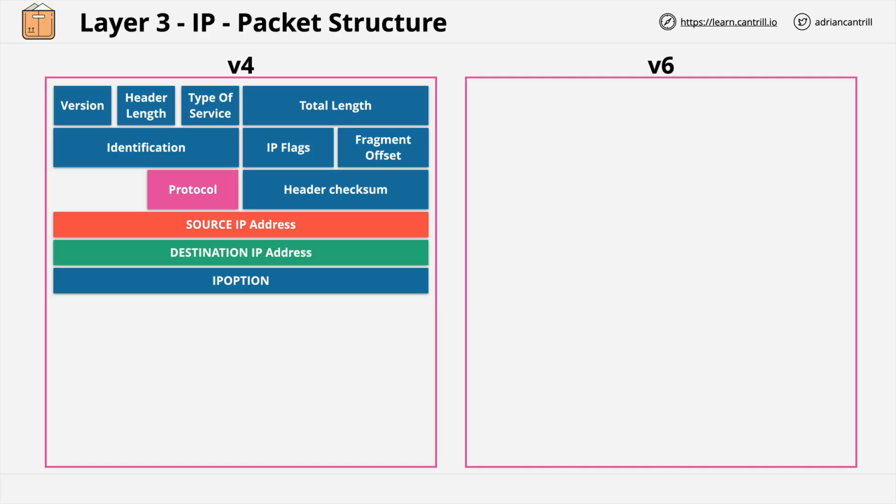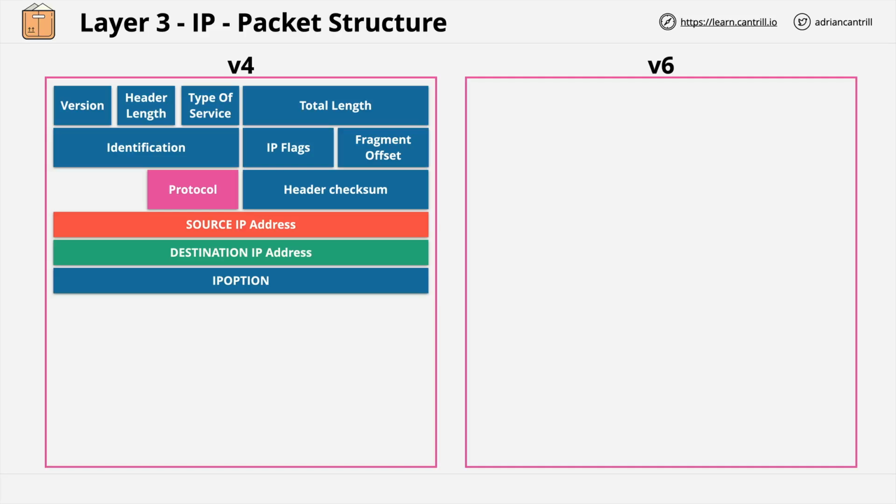If you're storing TCP data inside a packet, this value will be 6. For pings, known as ICMP, this value will be 1. And if you're using UDP as the Layer 4 protocol, then this value will be 17. This field means that the network stack at the destination, specifically the Layer 3 component of that stack, will know which Layer 4 protocol to pass the data into.